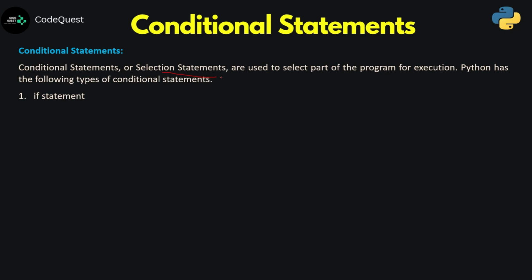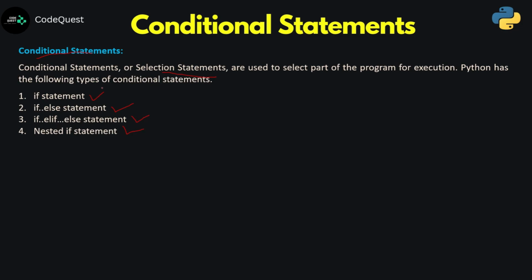Which one will be selected and which one will not depends on the condition that we have set. Hence, these are called conditional statements. We have the if statement, the if else statement, the if elif else statement, and the nested if statement.